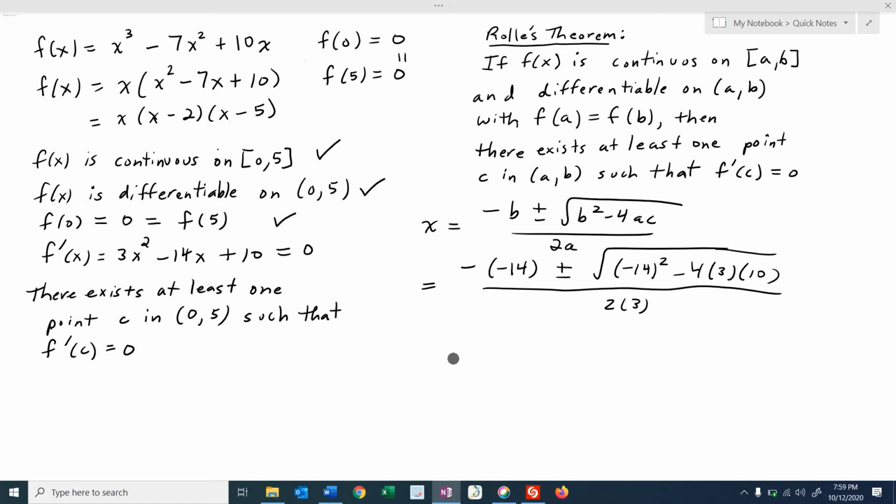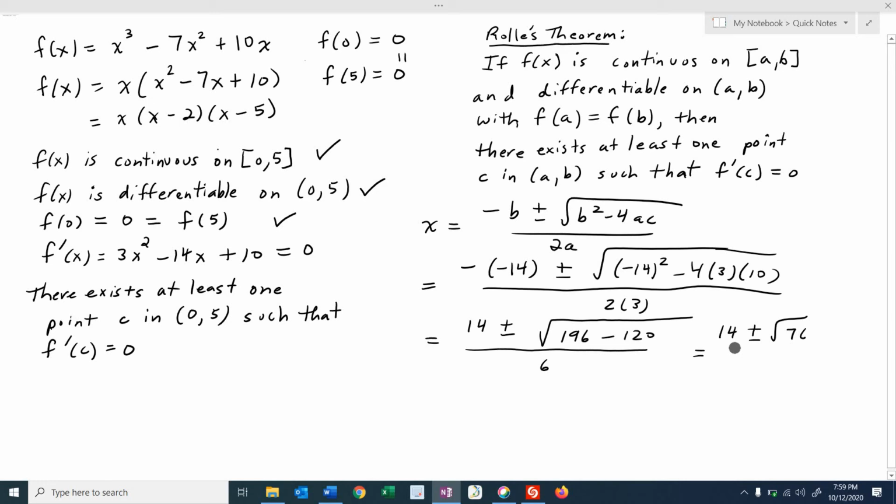Okay, now this obviously gives us 14, plus or minus, and then negative 14 squared is 196. This gives us 120. And of course, that's equal to 6. Okay, and then this would equal 14 plus or minus the square root of 76, all over 6.